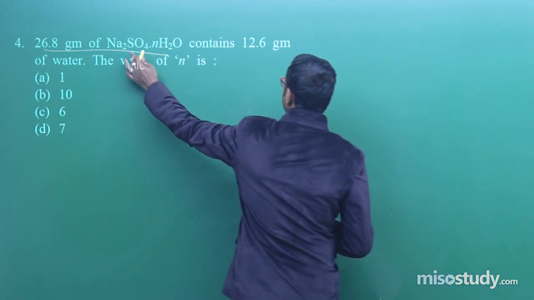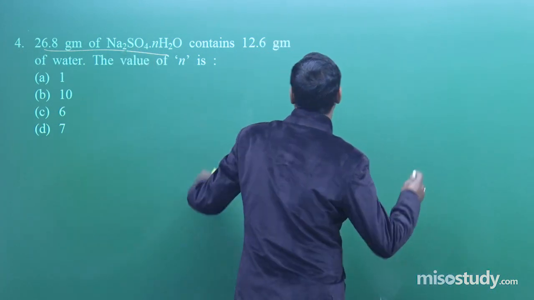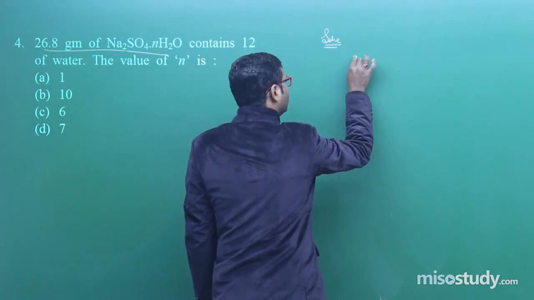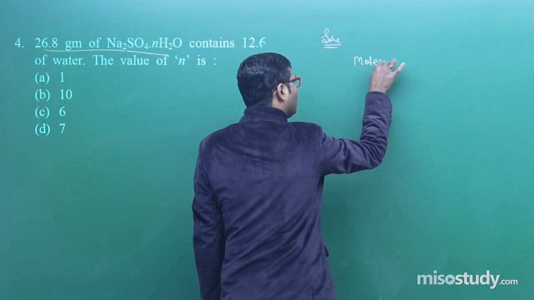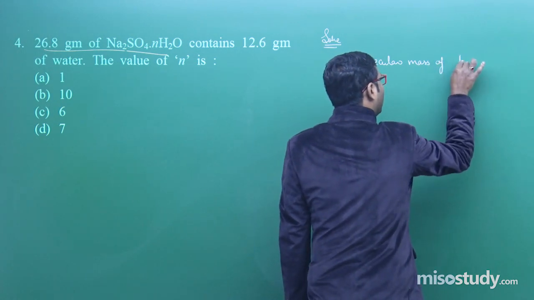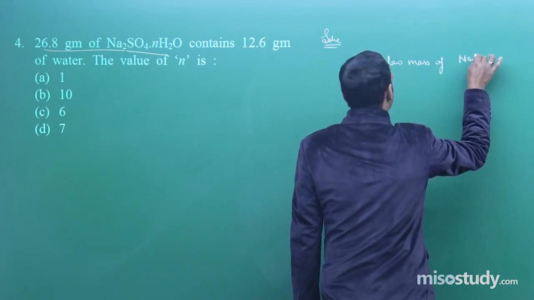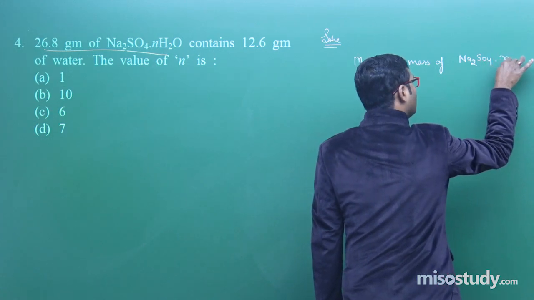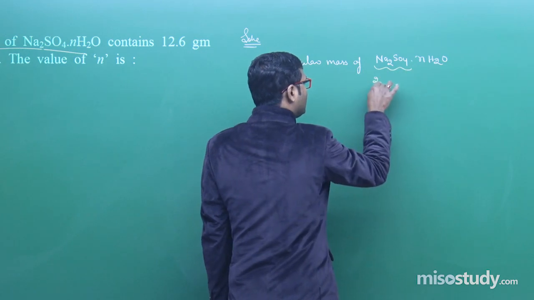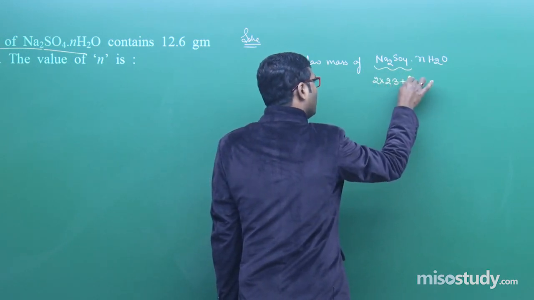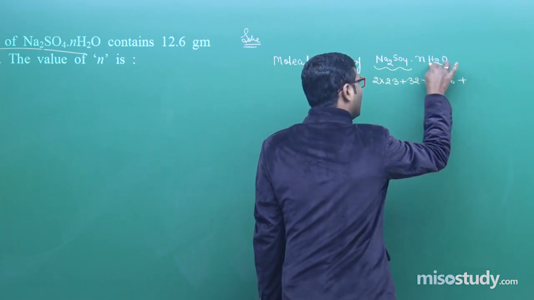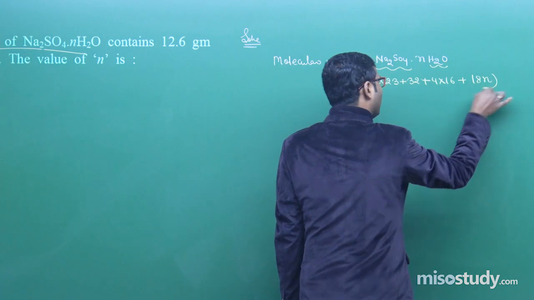First of all, what is the molecular mass of Na2SO4 into NH2O? Na2SO4, that is 2 into 23 plus 32 plus 4 into 16 plus 18N.